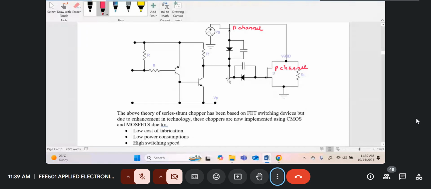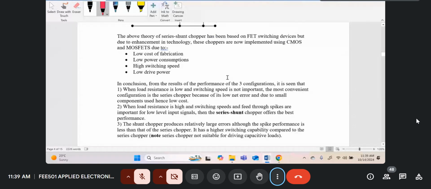So we can conclude and say that I've said here that the above theory has been based on FETs, switching devices, but due to enhancement in technology, these choppers are now implemented using CMOS and the MOSFETs.